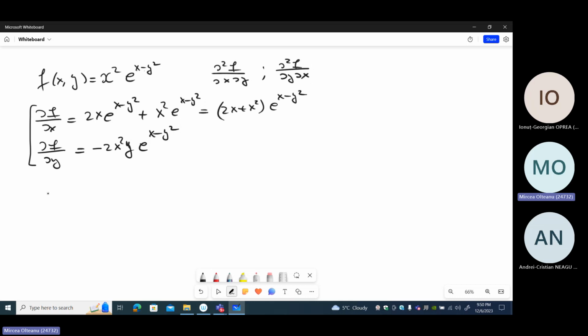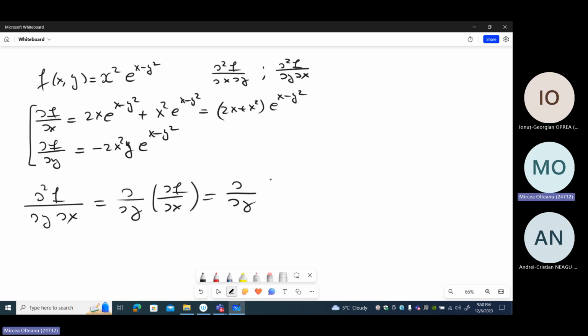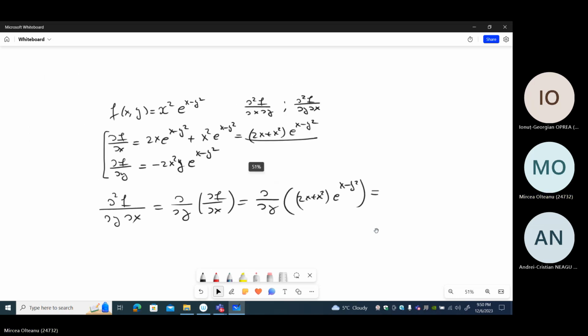Now let's compute the second order partial derivatives. For instance, the second partial derivative of f with respect to y, then x. It means to differentiate with respect to y the partial derivative of f with respect to x. That means differentiate this one with respect to y. And now let's see what we get.